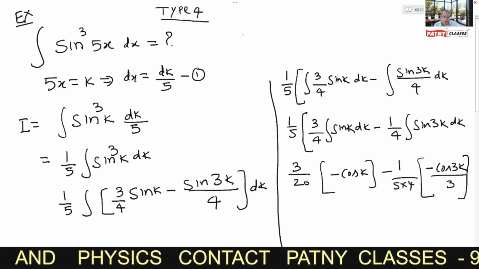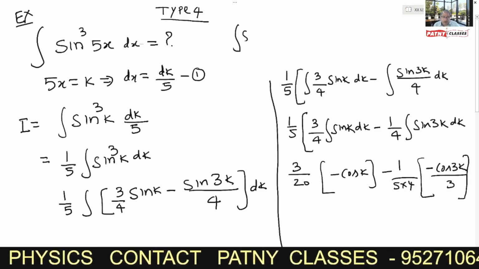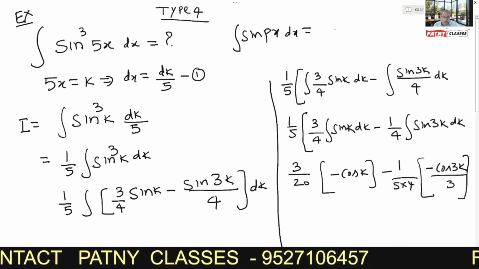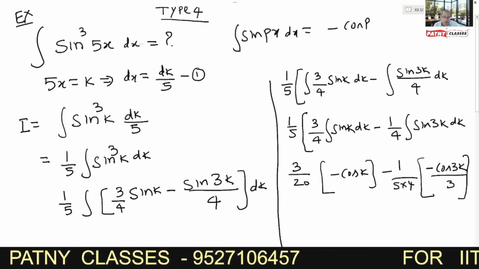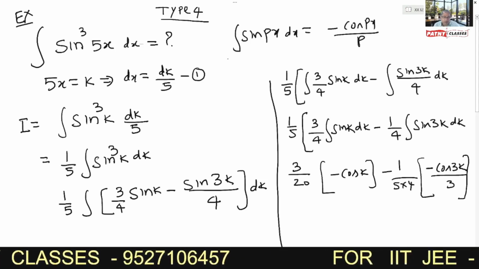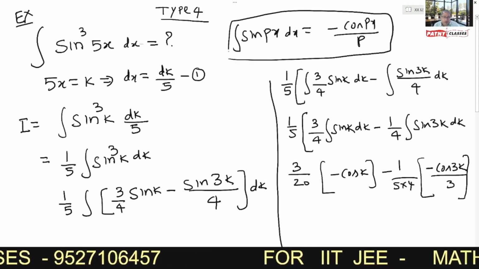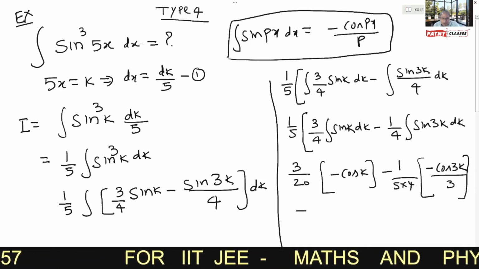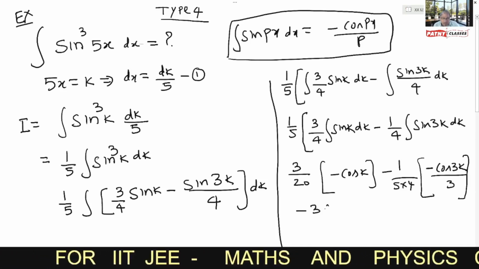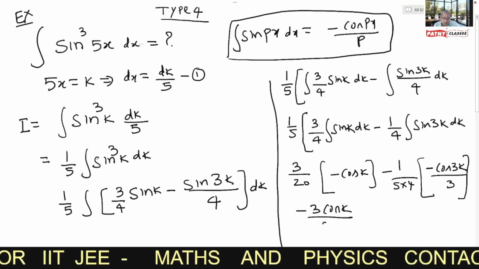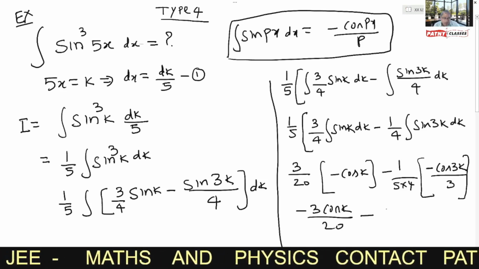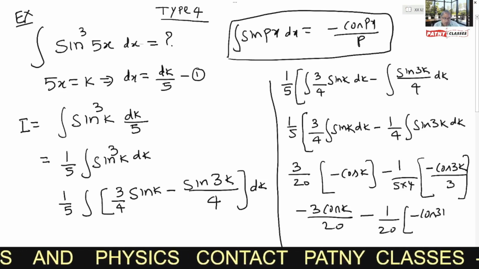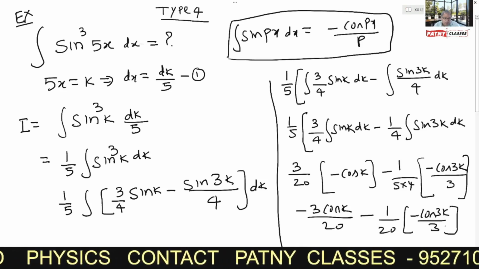We know the integration formula for sin px dx equals minus cos px upon p. This is the formula for integration of sin px. So I utilize that formula here. So it becomes minus 3 cos k upon 20 minus 1 upon 20 and minus cos 3k upon 3.